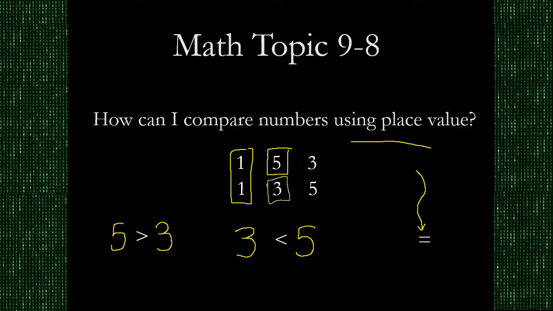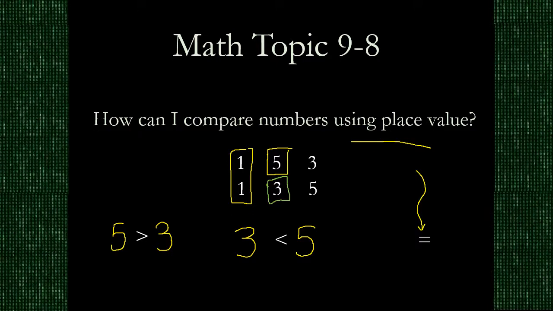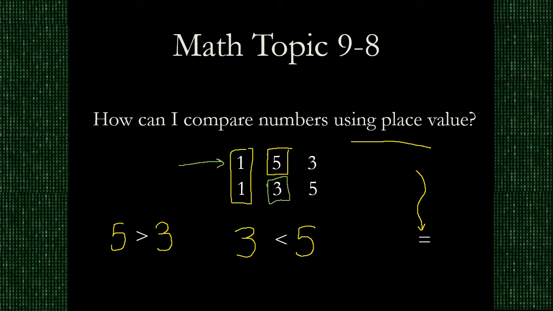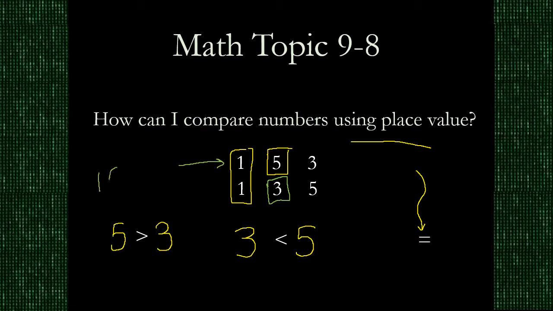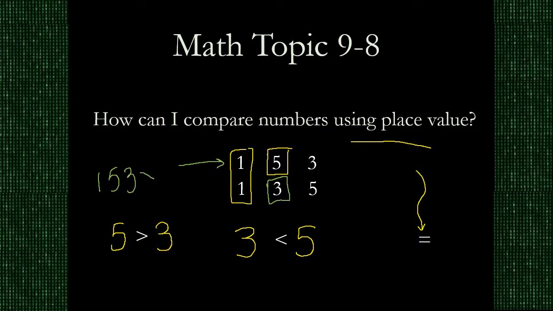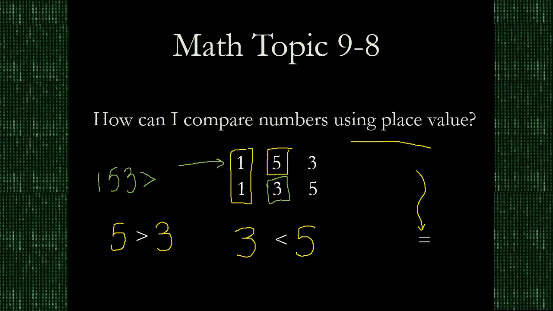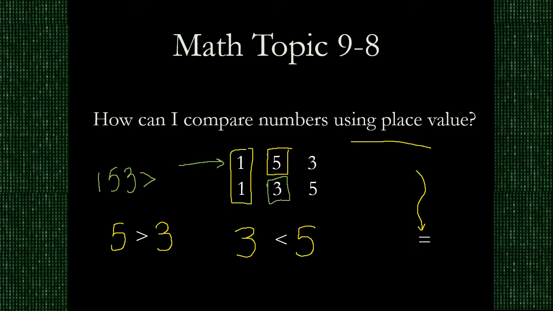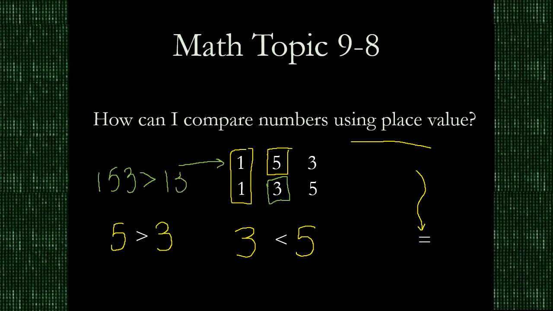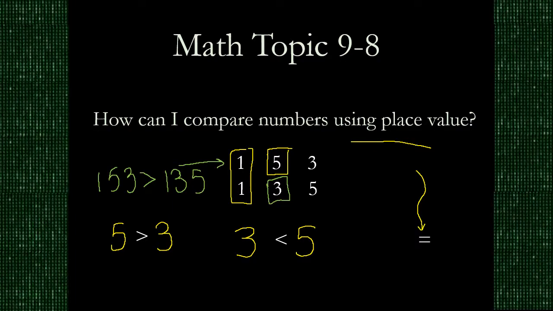Well, 5 is greater than 3. So this number is the bigger number. We would say 153 is greater. Remember, that alligator wants to go to the bigger number. 153 is greater than 135.